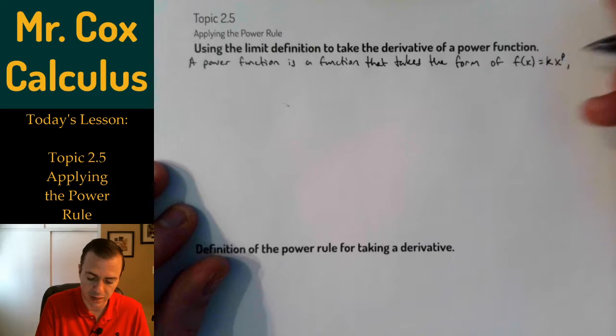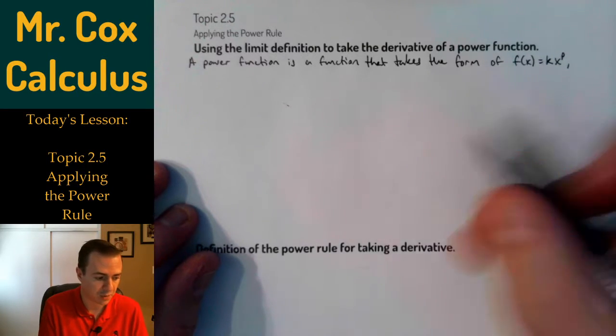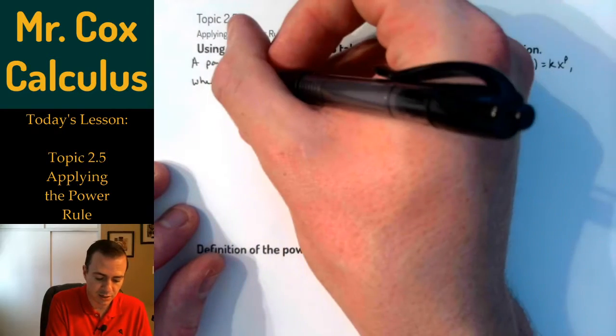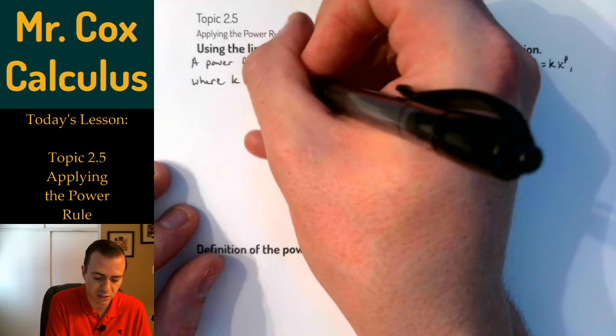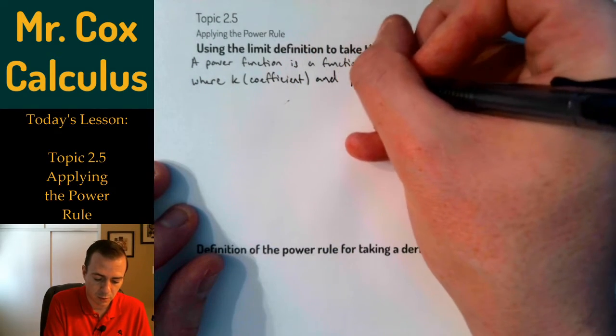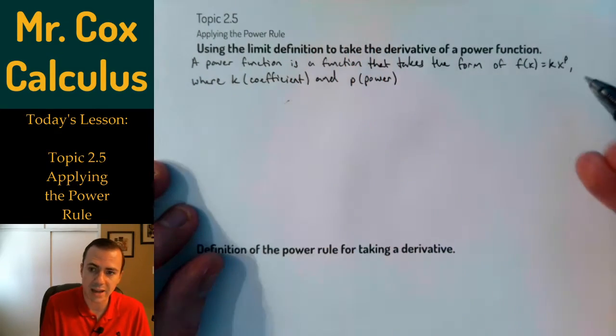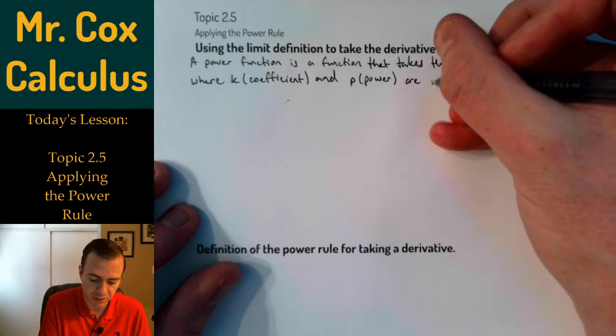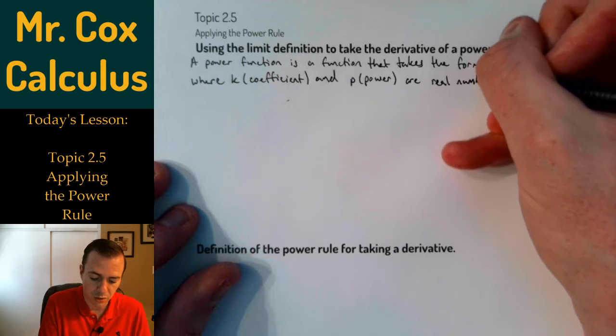And that's a lowercase p there, kx to the p. We define k, which is the coefficient in front of x, and p, which is the power or exponent being applied to x. We define both of those as being real numbers.